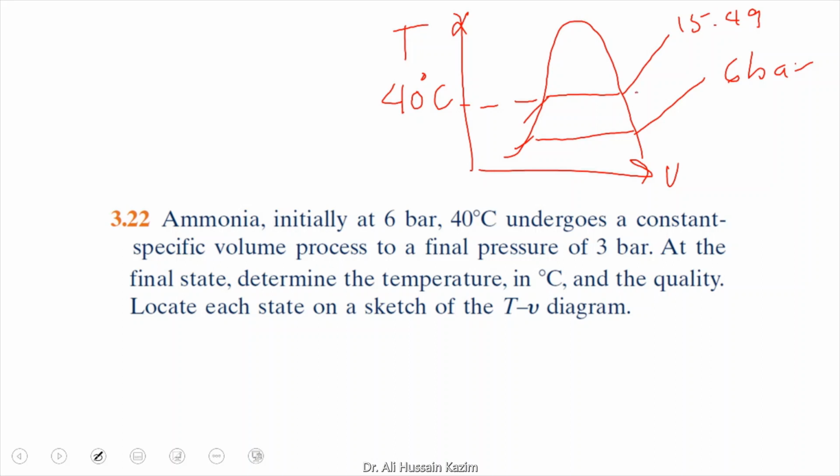So 40 degrees Celsius and 6 bar lies in the superheated region. So from there we have a constant specific volume process. So it would be a downward line, and it will end in the mixed vapor region.